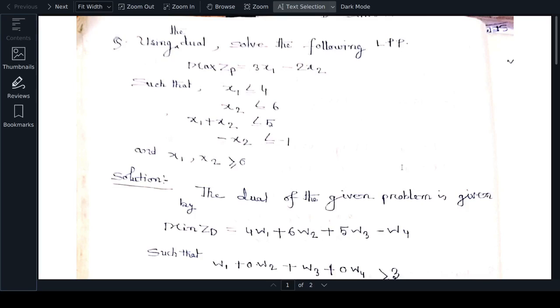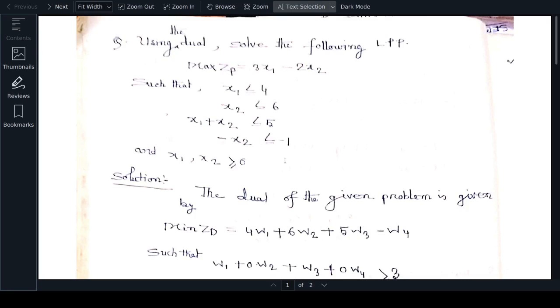Okay, so here max Z, the maximization problem, is 3x1 minus 2x2, such that x1 less than or equal to 4, x2 less than or equal to 6, x1 plus x2 less than or equal to 5, minus x2 less than or equal to minus 1, and x1, x2 greater than or equal to 0.